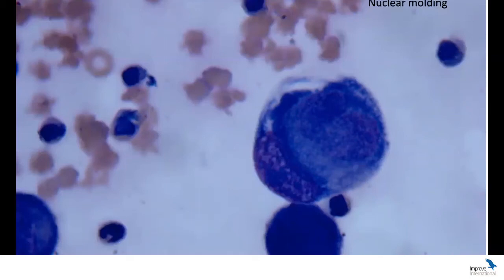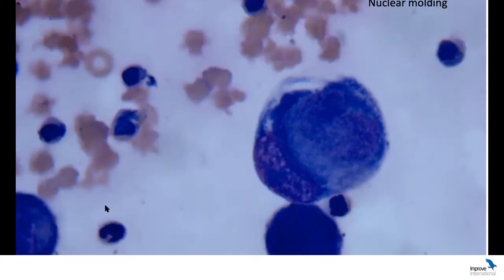I love the idea that cells that aren't usually able to do phagocytosis, because they've gone so evil, start eating up other cells. This can include xenocannibalism, eating other cell types, or autocannibalism, which is eating their own cell types, so neoplastic cells eating other neoplastic cells. And these were really malignant and evil cells.